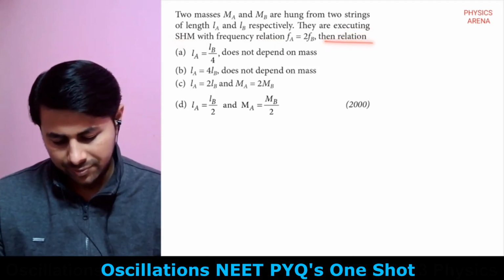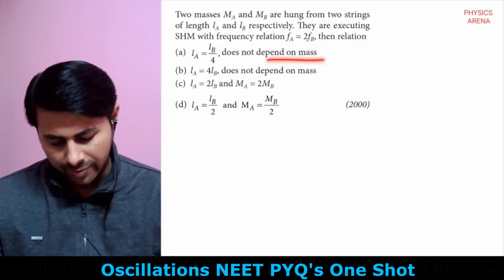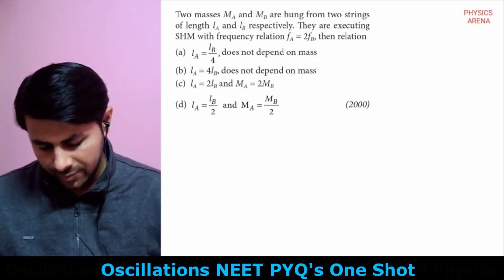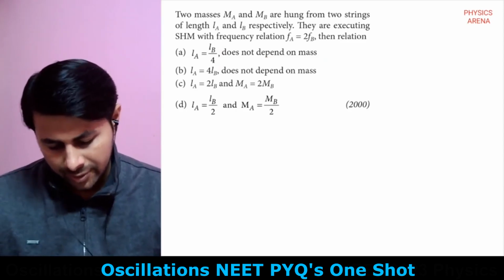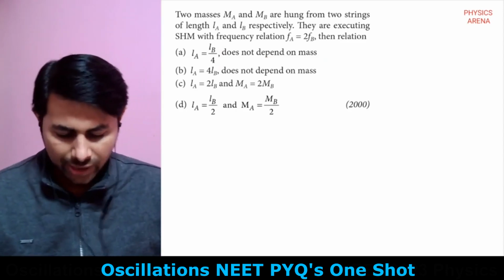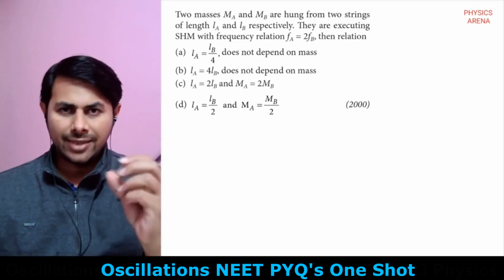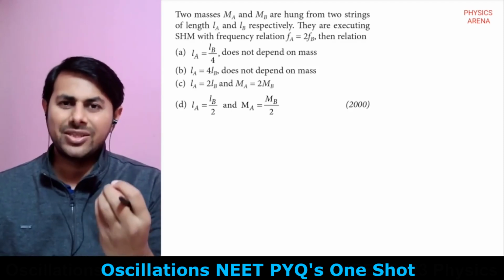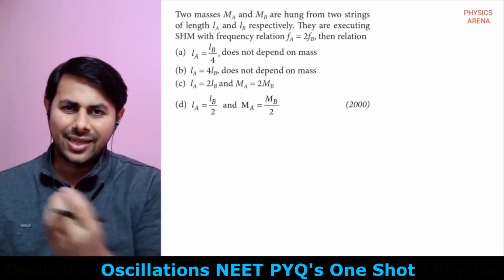Then the relation LA equals LB by 4 does not depend on mass. So does it depend on mass? In SHM, you don't have a spring, you have a string. Mass is hung with a string and it oscillates like this.